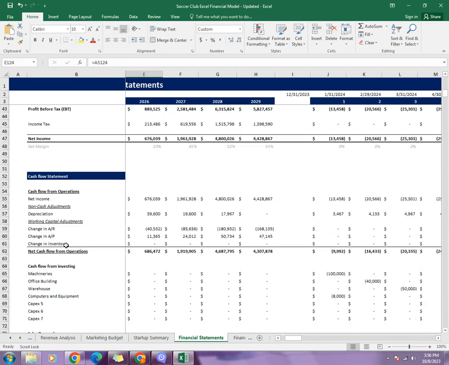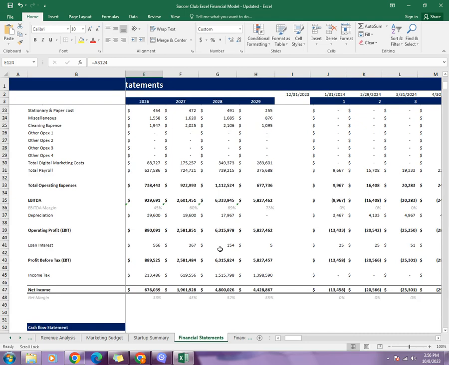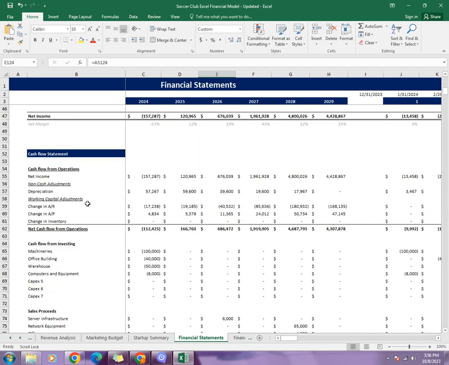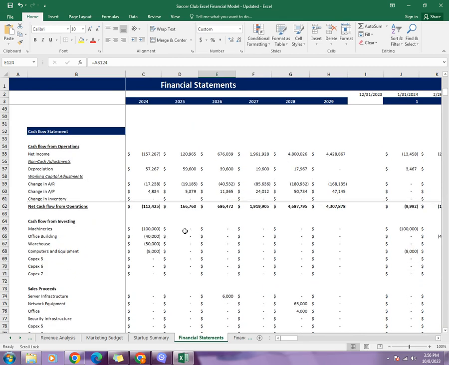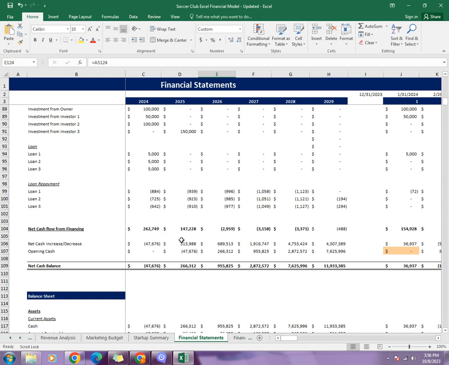Then comes the financial statements. As you can see over here, it includes the income statement, which gives you the net income of the business on yearly and monthly basis, going up to 60 months. Then comes the cash flow statement, which gives you the cash inflows and outflows of the business from its operations, investments, and financings.